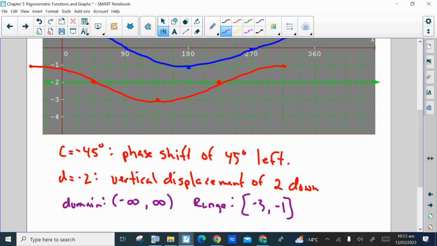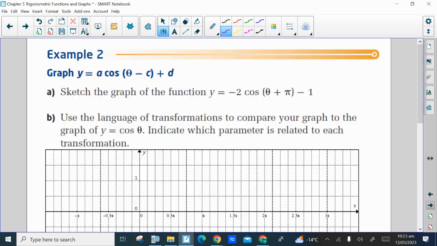So there's our domain and range. And we've already used our language of transformations to describe what happens. A phase shift of 45 degrees left, a vertical displacement of 2 units down. Okay?